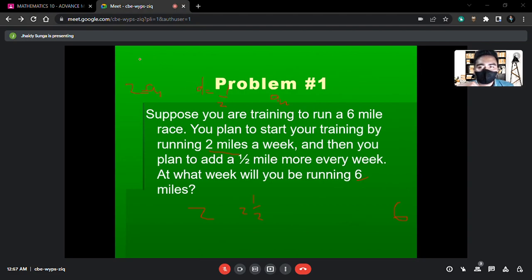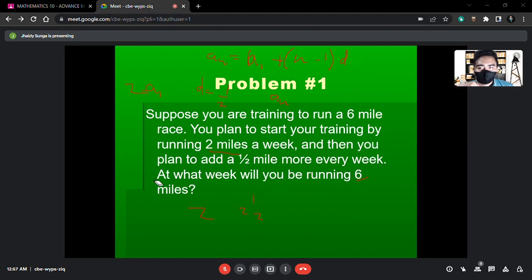So what's the formula? The formula is a sub n is equal to a sub 1 plus n minus 1, then the difference. So if you will have that one, what is the solution?